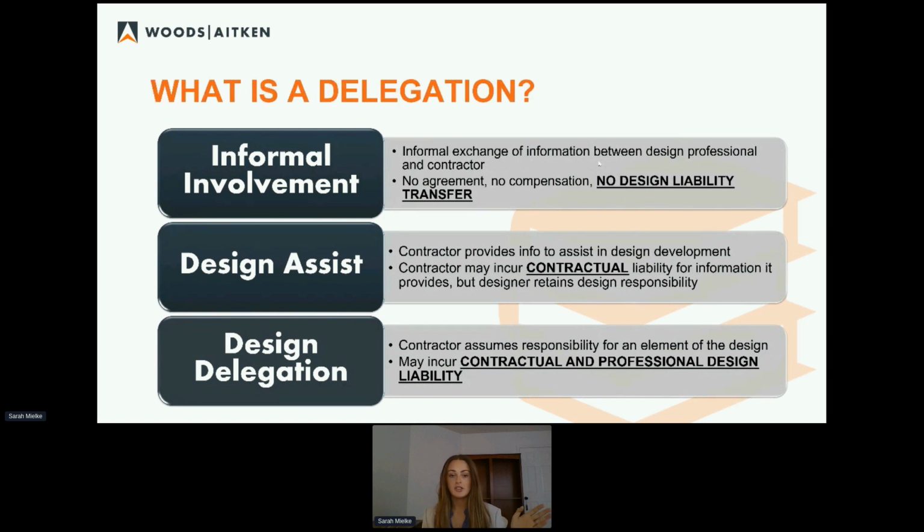The contractor does assume contractual liability for an element of the design. They may incur both contractual and professional design liability. We're going to talk about that later on, but that's a whole can of worms with liability that could actually have a presentation all of its own, which I guess it kind of does. We're there right now. Just know that the professional design liability aspect is going to be a very big deal.